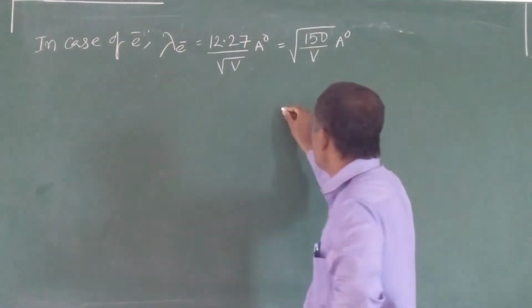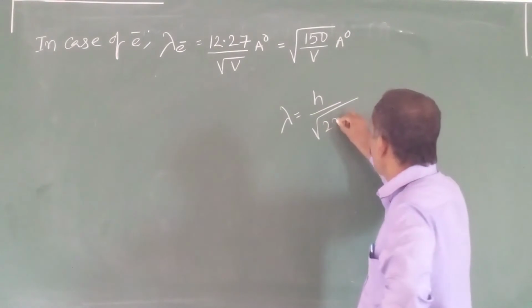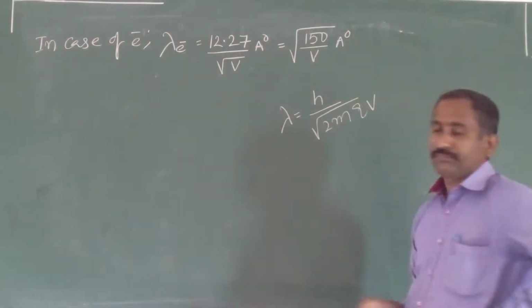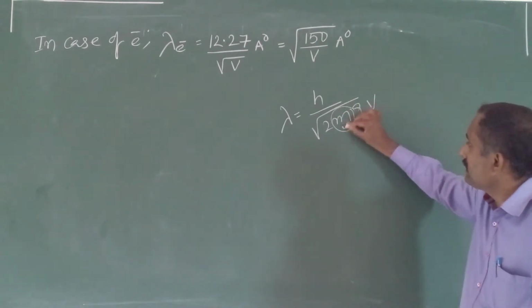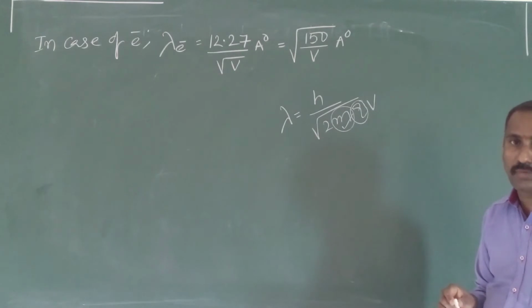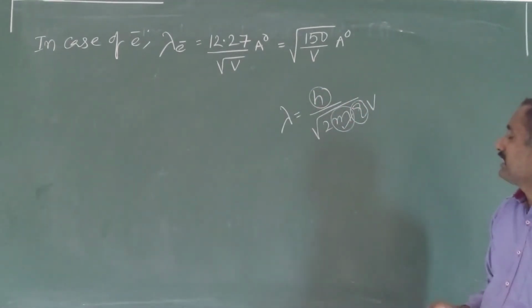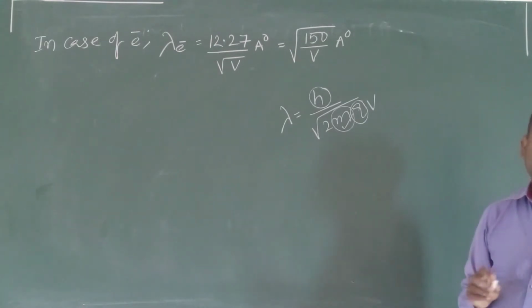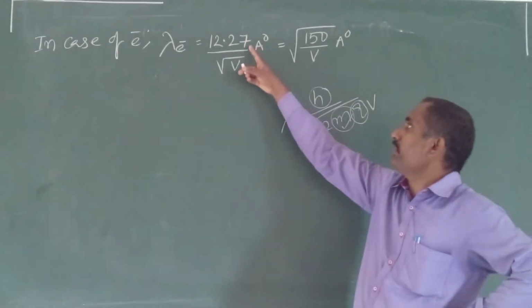How this formula came: we know that lambda equals h by square root of 2mQV. Now if we substitute the mass of the electron in the SI system, the charge of the electron 1.60 into 10 power minus 19 coulomb, and the h value in the SI system, then you will get some constant value in the SI system. Again we have to convert it into angstroms.